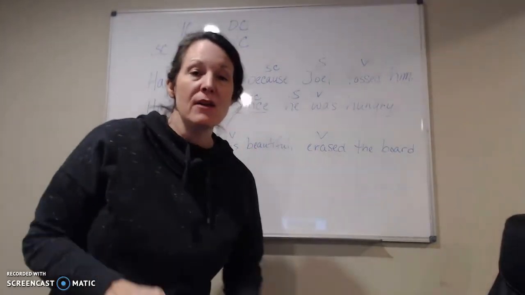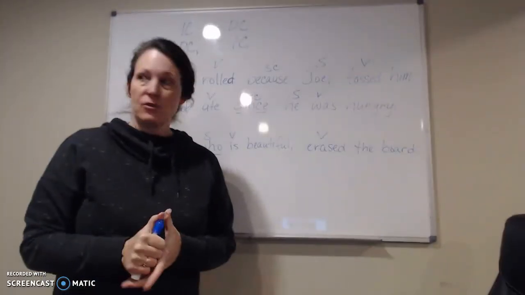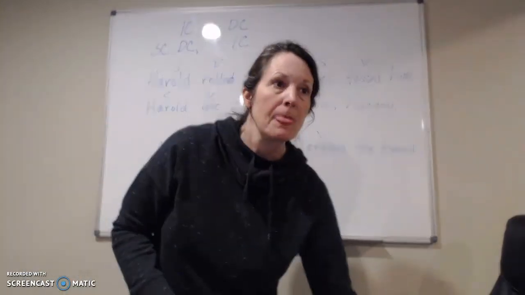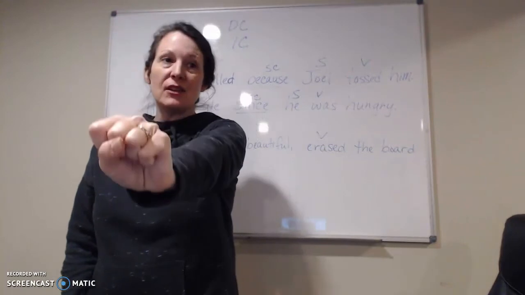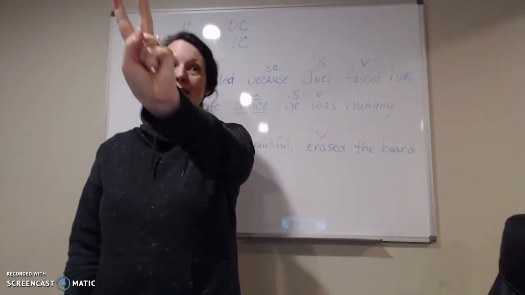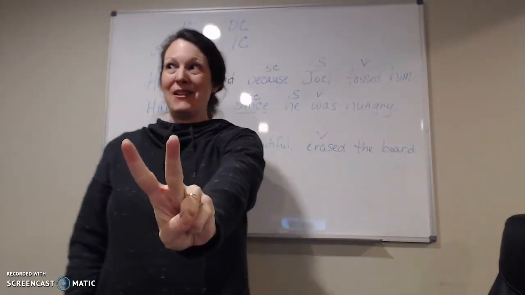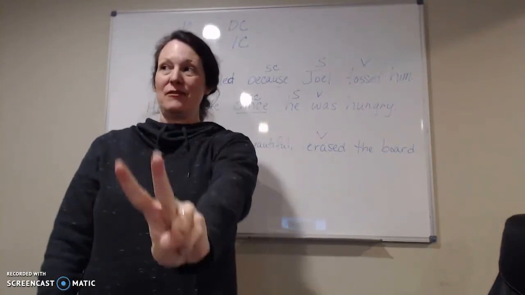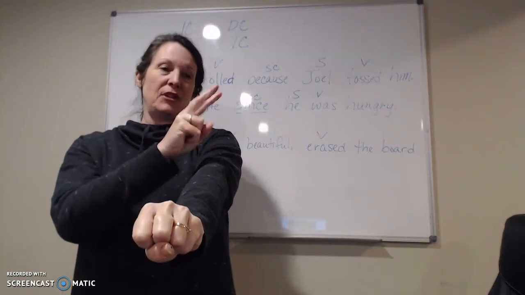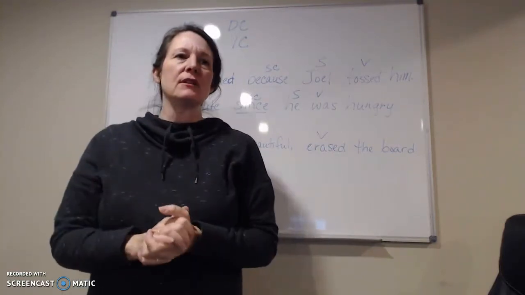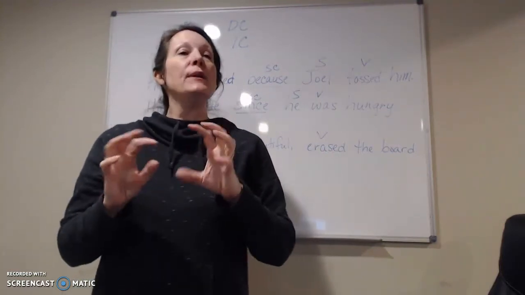So a compound complex sentence. Do you guys remember the definition of this? A compound complex sentence consists of at least two independent clauses with a subject and a verb, and at least one dependent clause. And I think we did this a little bit differently.